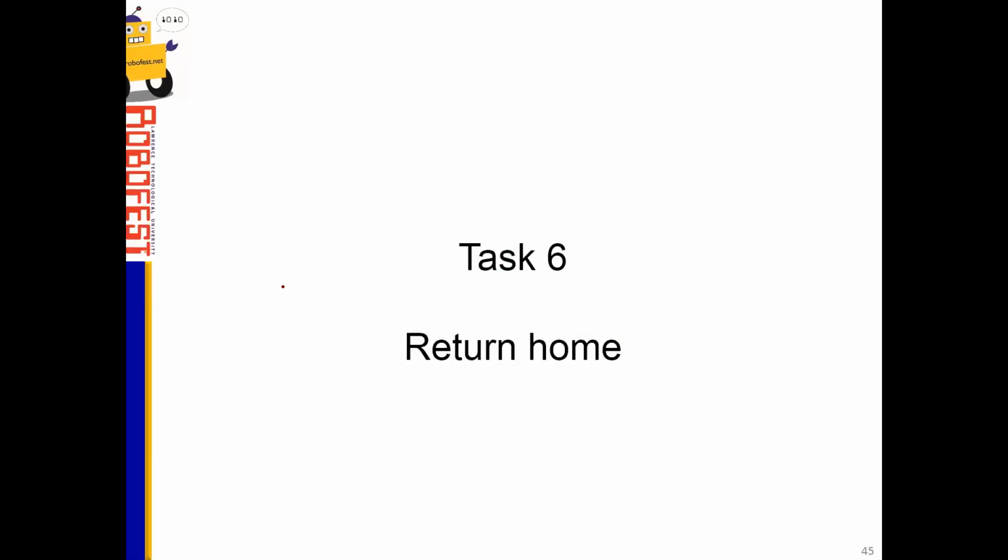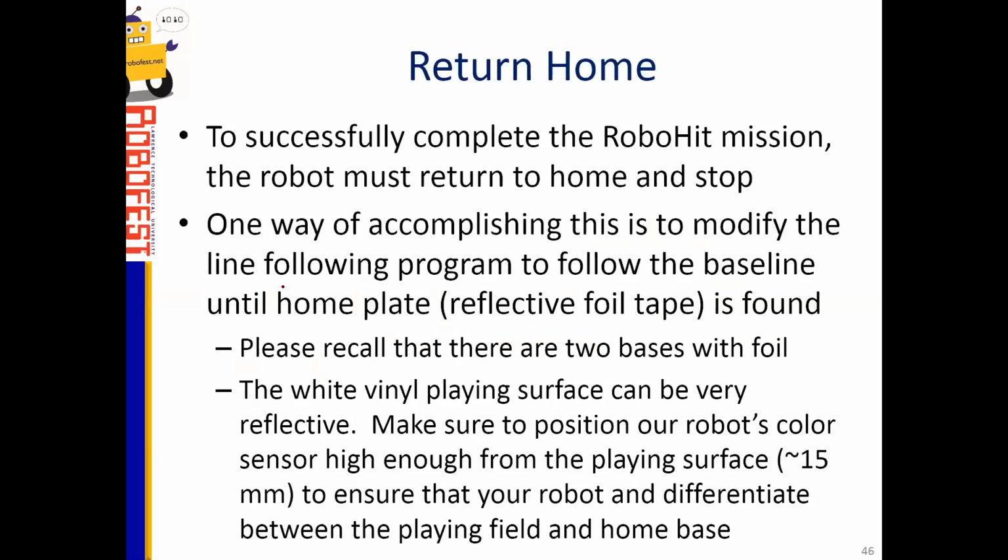Returning home, task 6. So to get a perfect score in Robofest, after you've cleaned all the blocks off of the 3 bases, you've cleared the 2 pieces of trash from the field, and you've hit the ping pong ball between the uprights, your robot needs to come back to the home base, which is one of the pieces of reflective tape, which should be defined at the Robofest event.